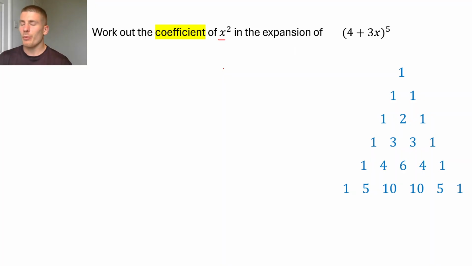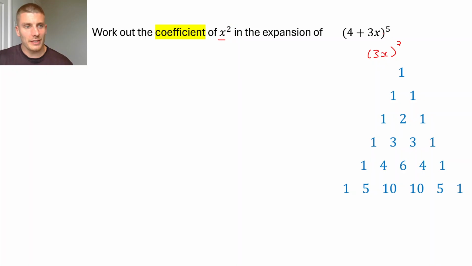Now, to think about this, we know that the power is going to be x squared. If this is going to be a and b, I've got to raise this part to the power of 2. So the b part, which is 3x, must be raised to the power of 2, because x to the power of 2 gives you x squared, which is what you want.